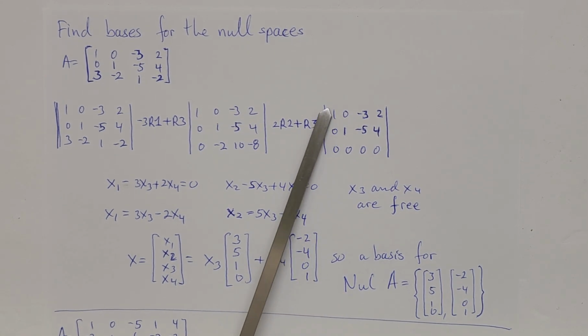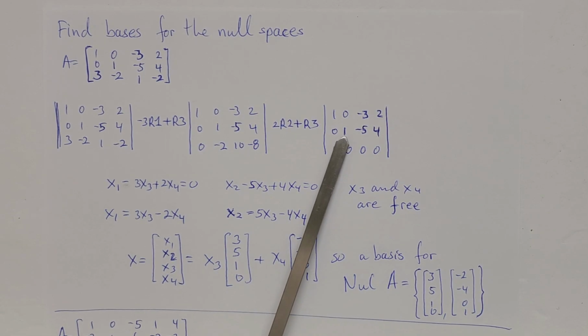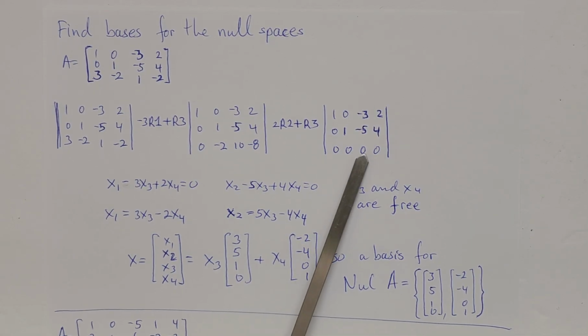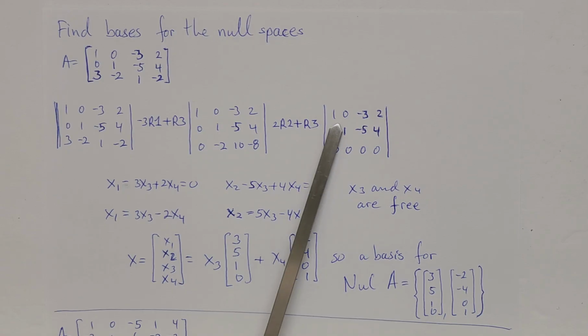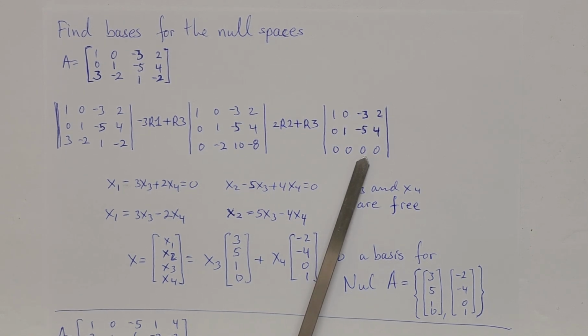So this spot is called a pivot position. This spot is called a pivot position, and there's nothing here, so there is no pivot position for the x third, or x3. So this is x1, x2. This right here is x3, but there's nothing here, so that will become the free spot.